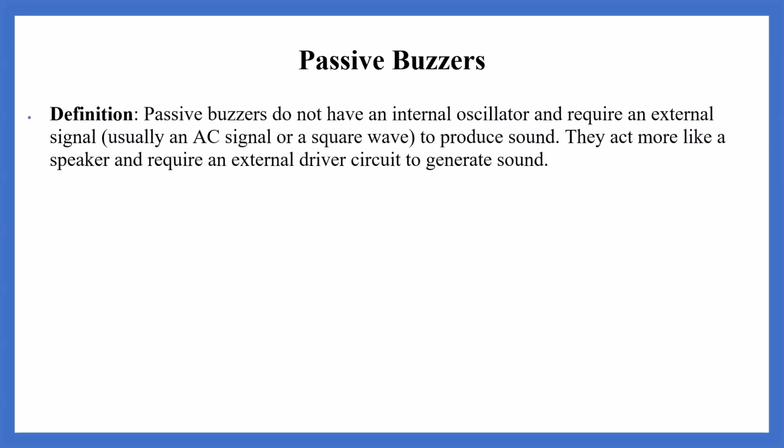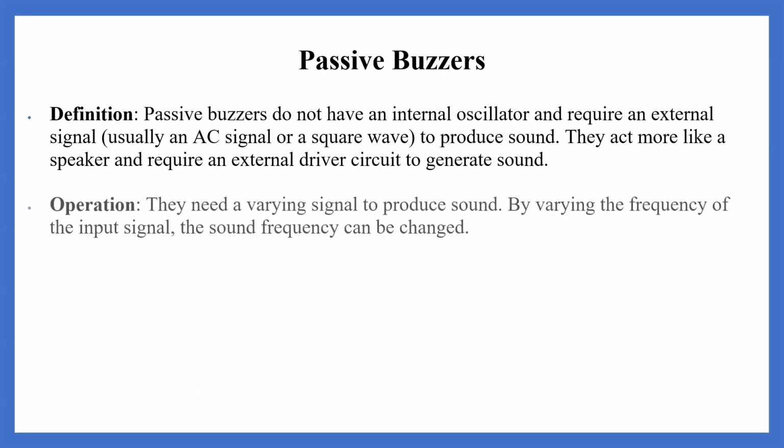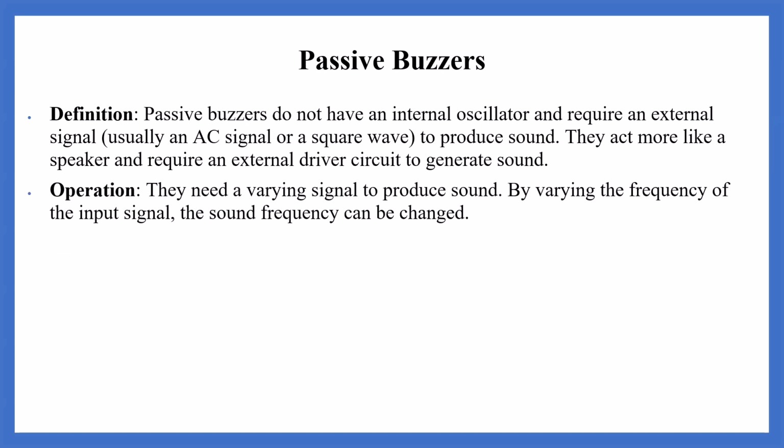Passive buzzers. Definition: passive buzzers do not have an internal oscillator and require an external signal, usually an AC signal or a square wave, to produce sound. They act more like a speaker and require an external driver circuit to generate sound. Operation: they need a varying signal to produce sound. By varying the frequency of the input signal, the sound frequency can be changed.